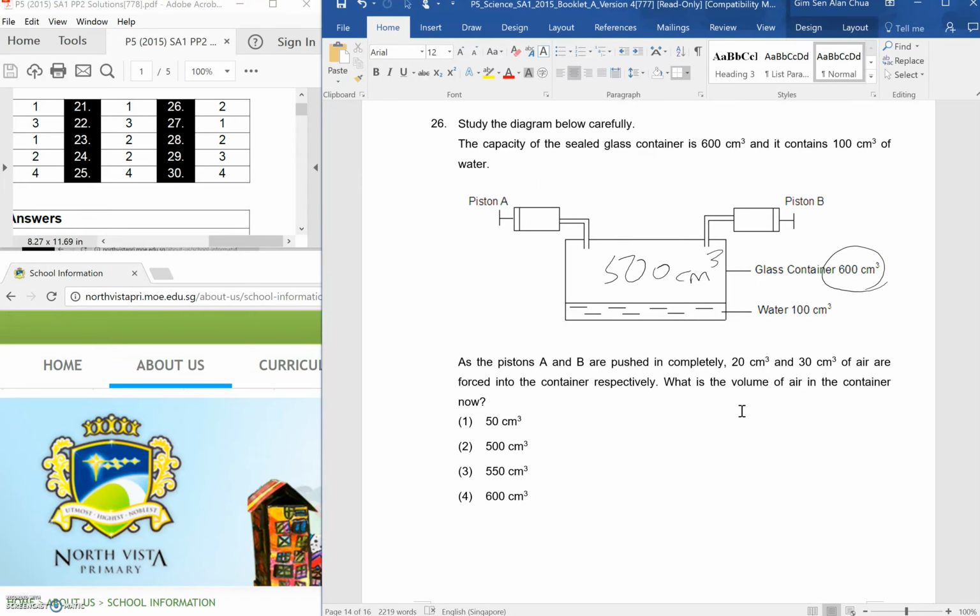Now A and B are pushed in completely. 20 centimeter cube of air and 30 centimeter cube of air are added in from pistons A and B. What is the volume of the air in the container? Now, what is this question talking about? It's talking about how air can be compressed.